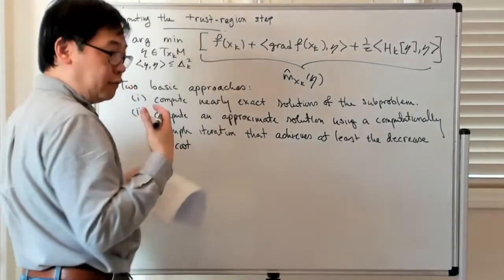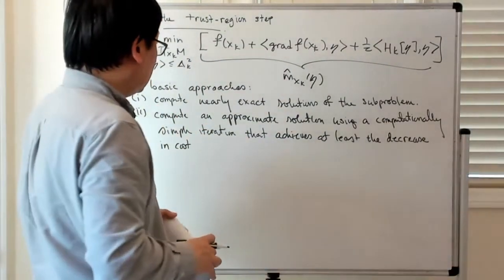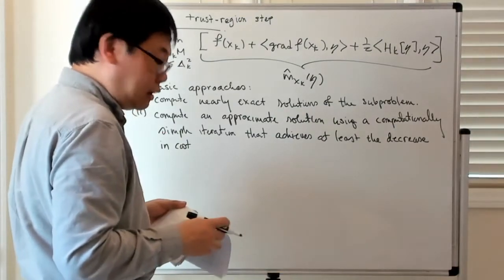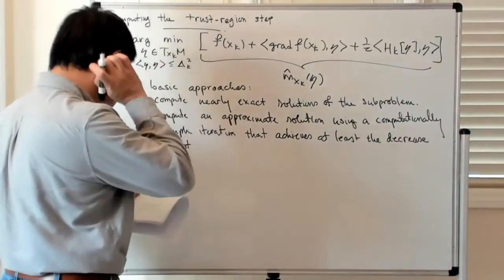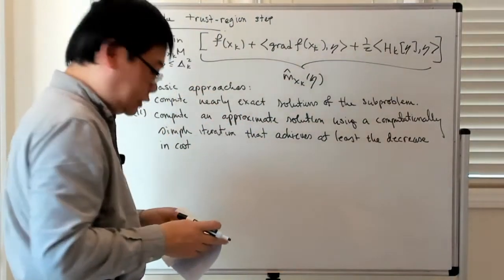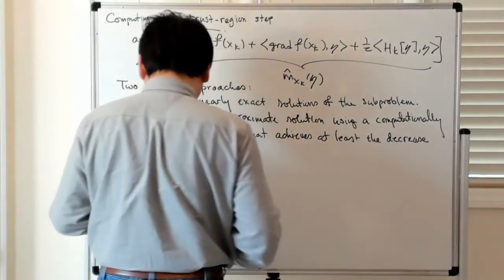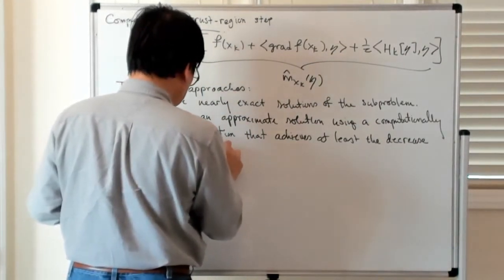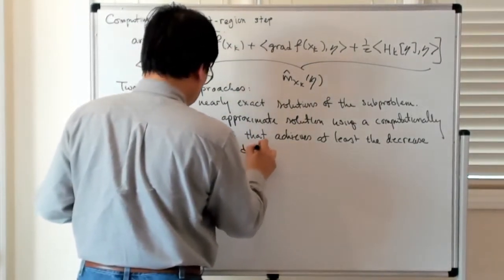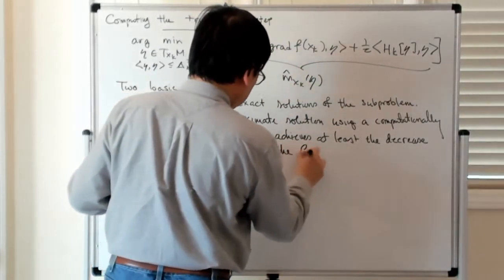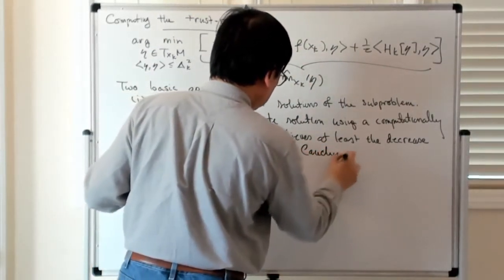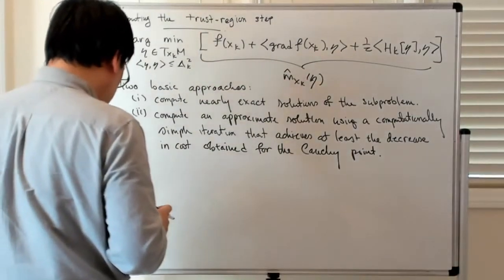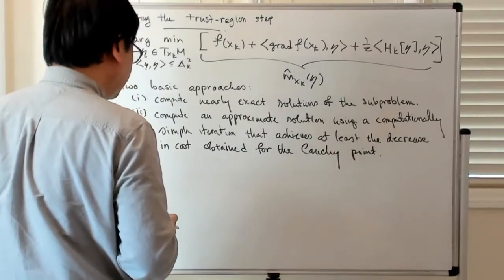So there's some notion of sufficient descent, if you recall, when we were discussing the global convergence properties of line search methods, and that involves the notion of this Cauchy point. So let's define the Cauchy point.